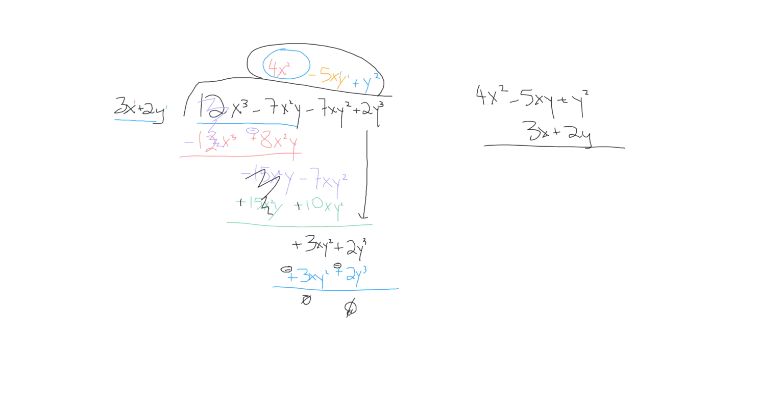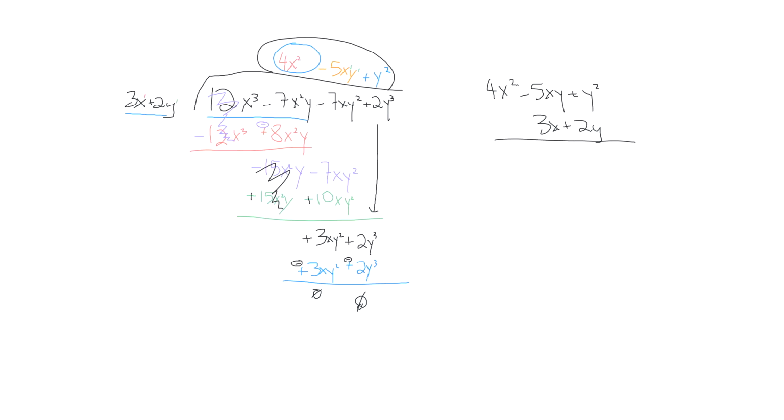Okay, slowly. 2y, I'm going to put the little invisible 1 here against everyone that doesn't have it, okay? 2y times y squared. 2y, 2 plus 1 is 3.